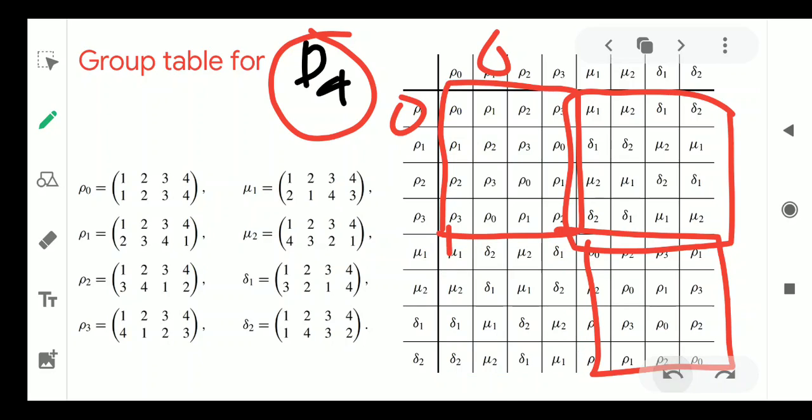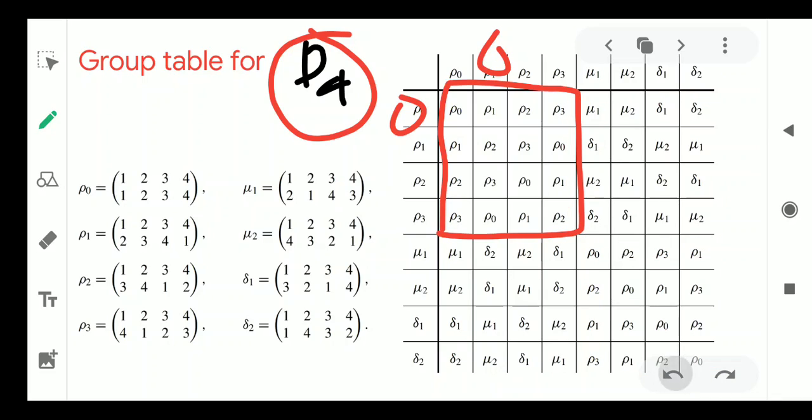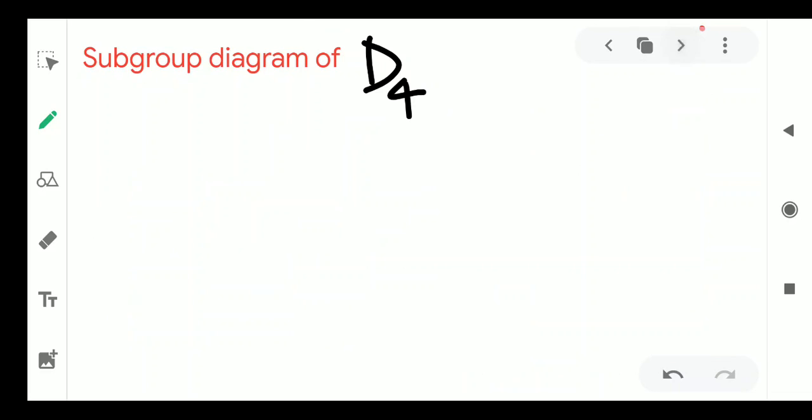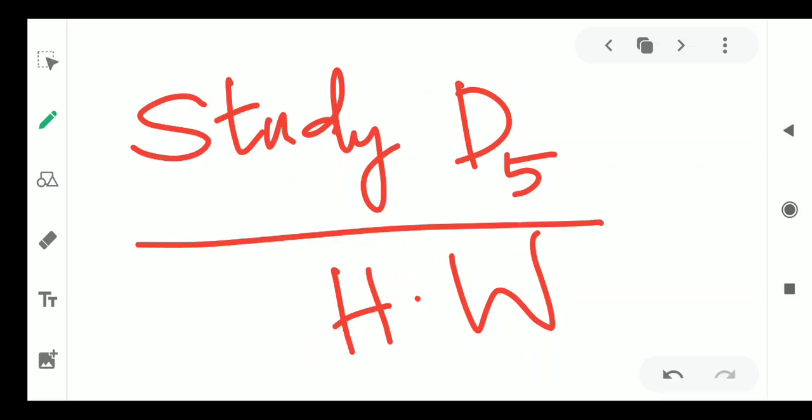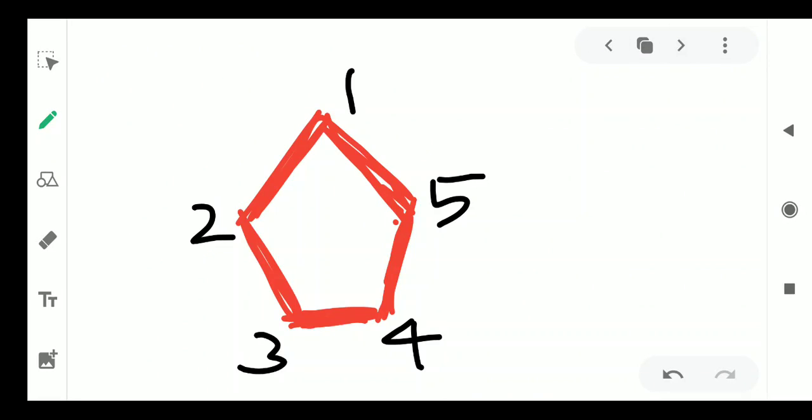Anyhow, that table you have to carefully observe. Then this is a group table for D4, and let me give you one more, a subgroup diagram for D4. That I'll talk about in the next class.